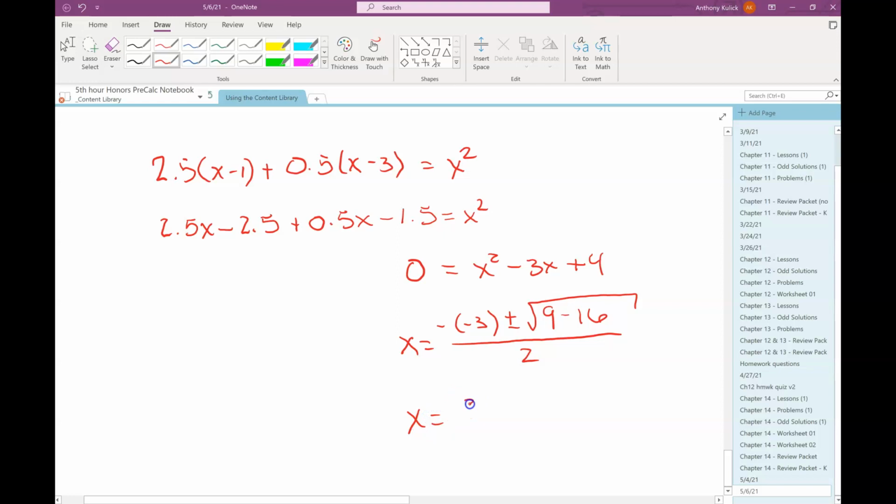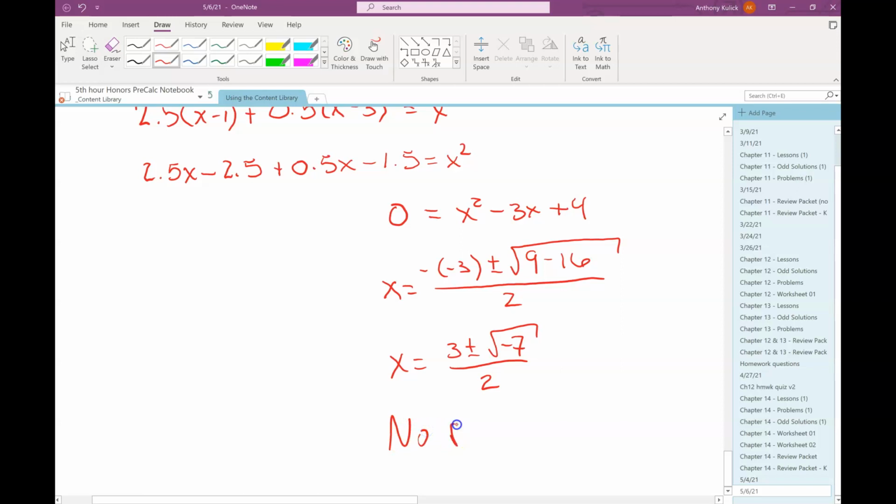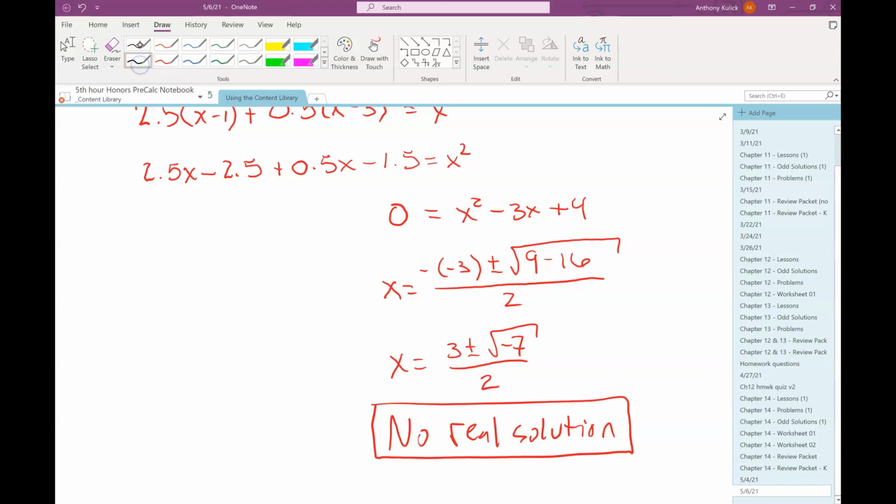And right away I notice that I have this negative number under the radical. So I'm going to stop here and say no real solution, because I know that a negative under the radical makes it imaginary. Is that okay with everybody? So typically, for non-polynomial solving, we don't report imaginary solutions.